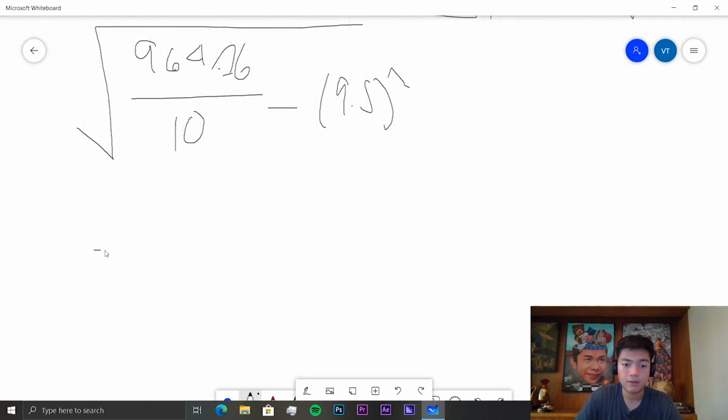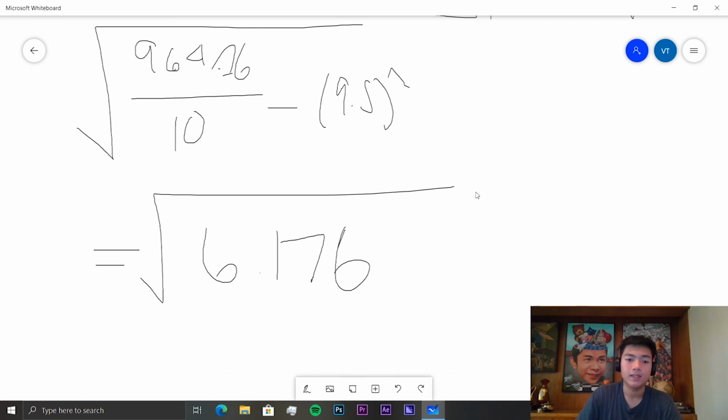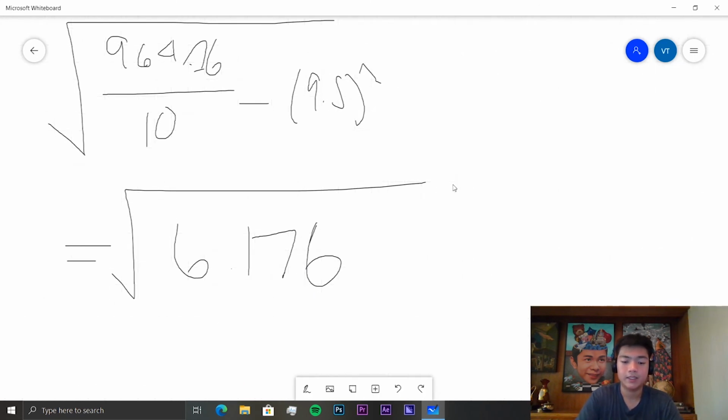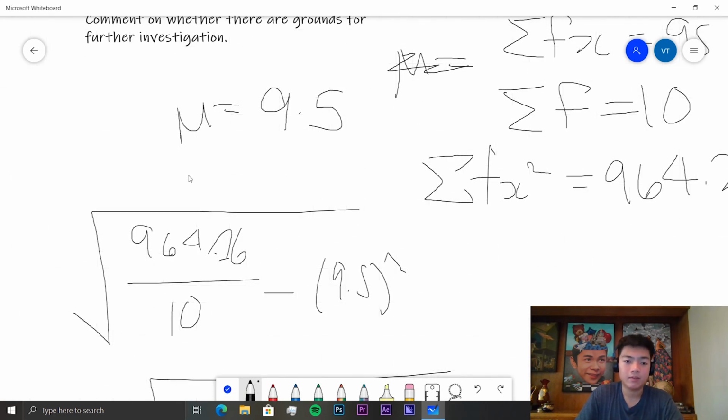So I get the square root of 6.176, and so this is equal to around 2.49. So we have a mean of 9.5 and a standard deviation of 2.49.